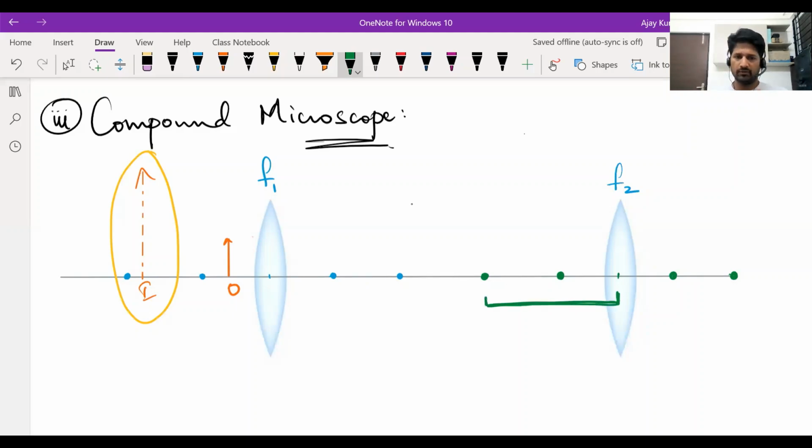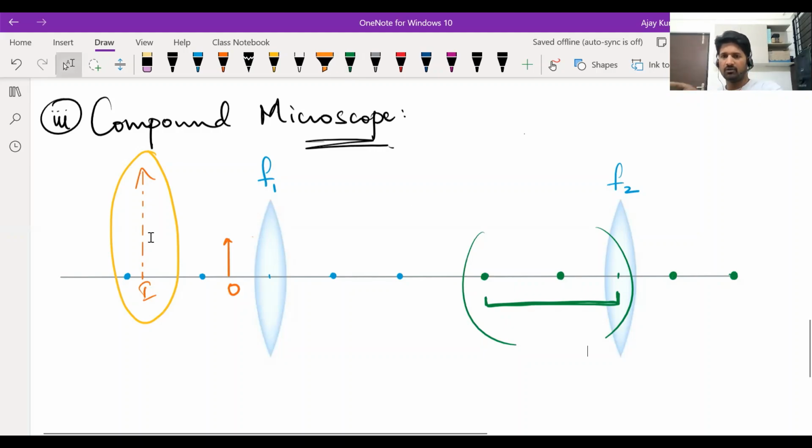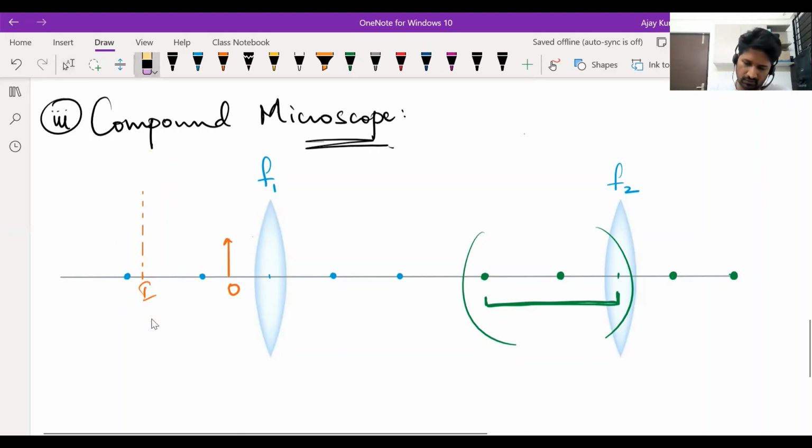Up to 2f. Now look at what is happening here. The first lens is forming an image behind the lens. How will that image I fall within this distance of the second lens? That's not possible. Rishi, yes or no? Yes, sir. So that image I cannot fall in this range of distances. So this is not the case we are looking for.